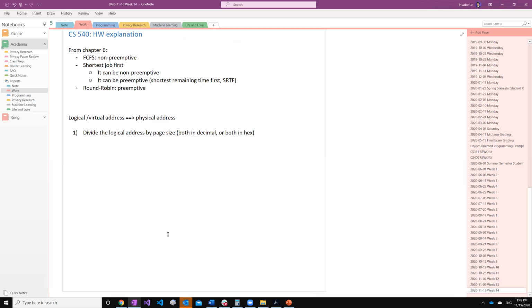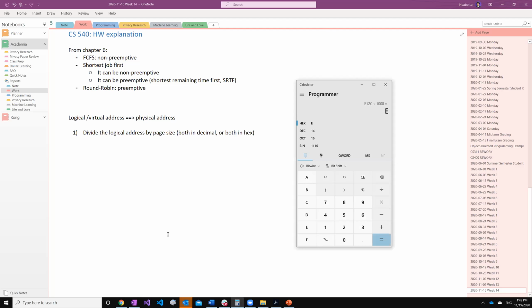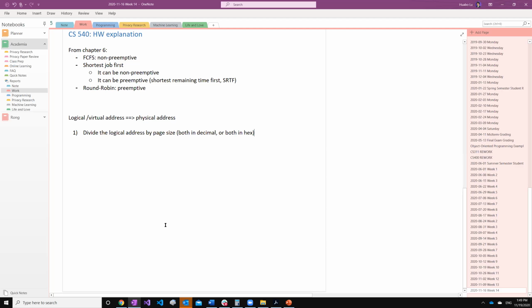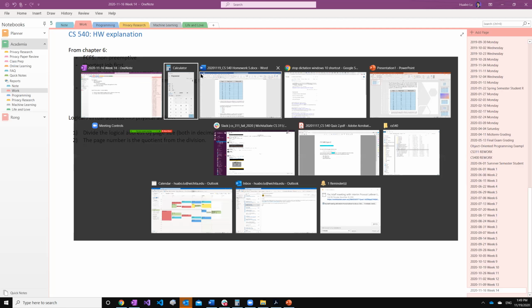This will ease your work. Don't convert into another system, that is not convenient. And then what do you get? The page number is the quotient from the division.